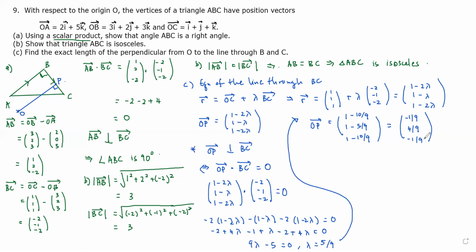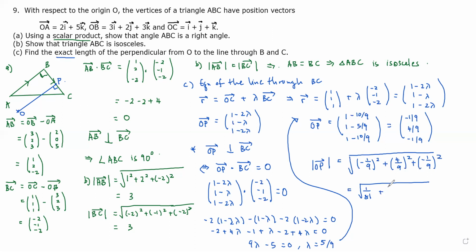From here, we need to find the exact length of vector OP. So we find the magnitude of vector OP. That is the positive square root of the sum of squares of all the components. Square this and that as well. And that would give a square root of 1/81, 16/81, and 1/81.